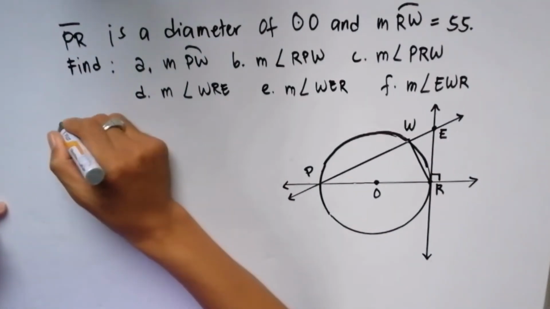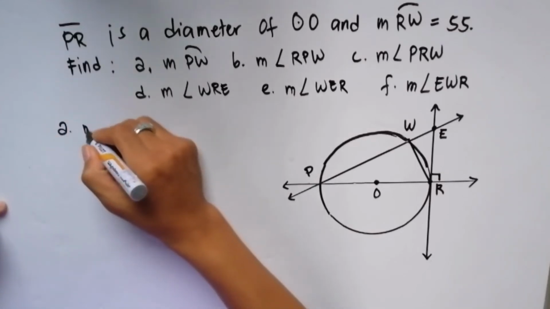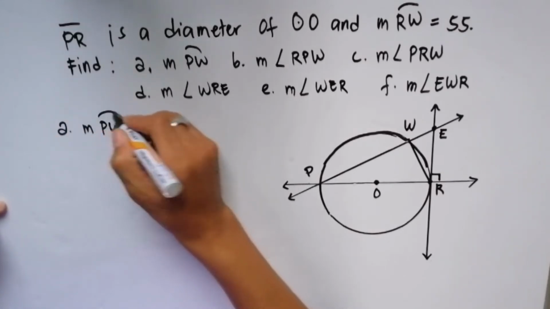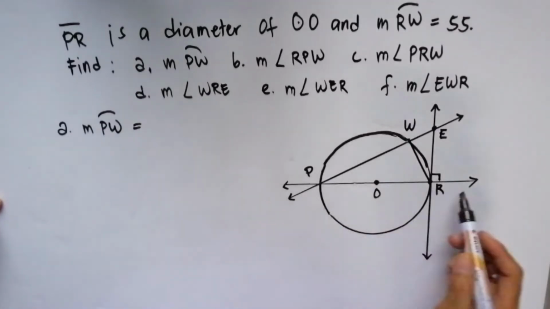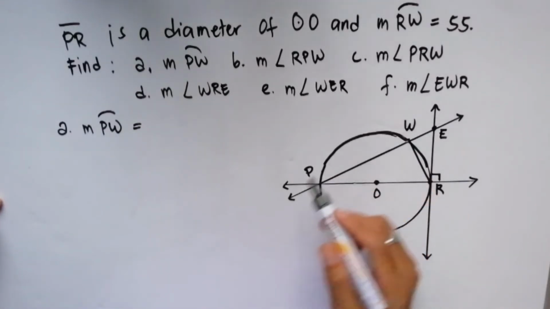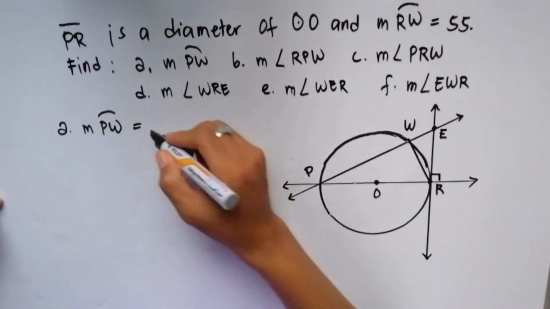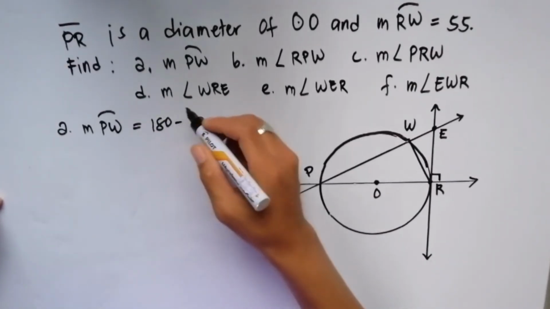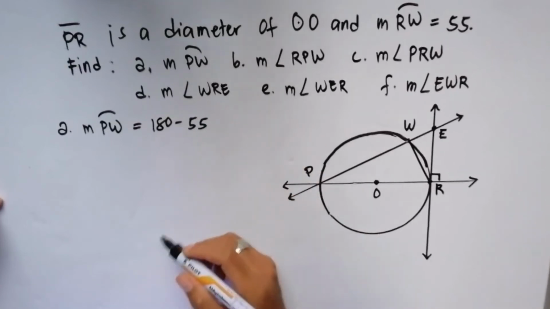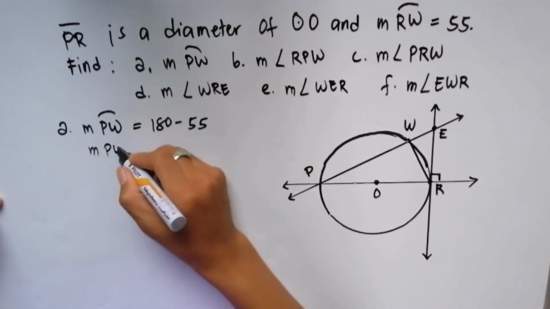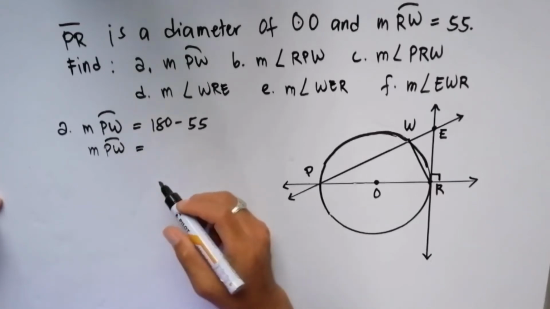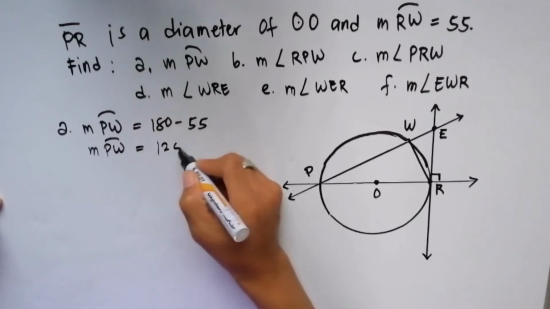Okay, for A, the measure of arc PW is equal to, since this diameter is a semicircle, the measure is 180. 180 minus 55. So the measure of PW is equal to 125.